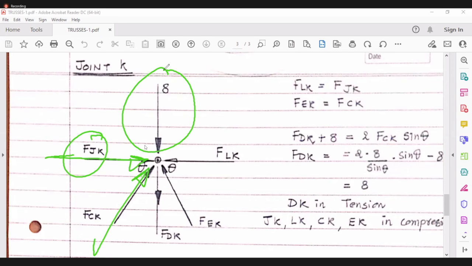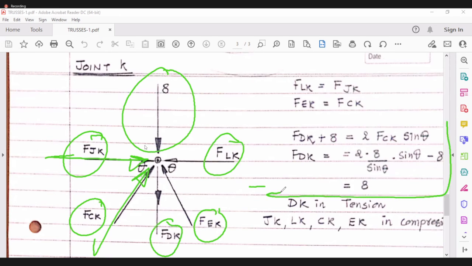And from the symmetry, we can say that FEK is equal to FCK, because our entire truss is uniformly, symmetrically loaded, correct? So now finding out FLK and FDK by these two equations is simple, dear friend.